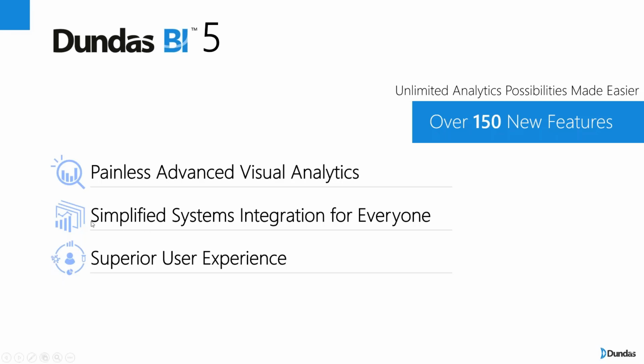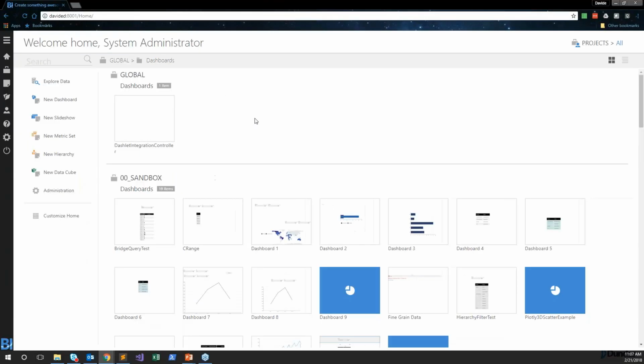All right, so with all that out of the way, without further ado, let's jump right on into it. So here I have my Dundas BI home screen. This is what the application looks like for those of you who are new to it.